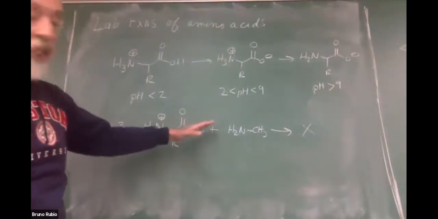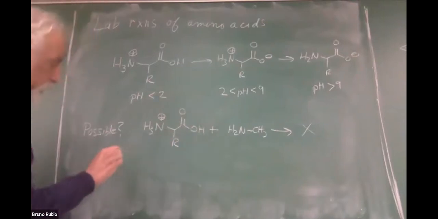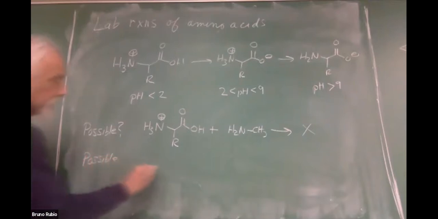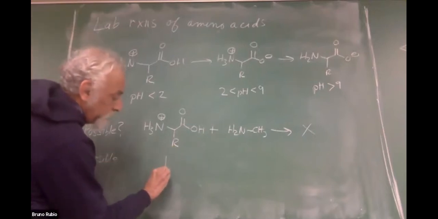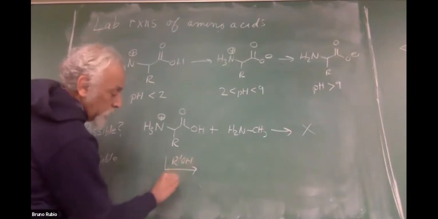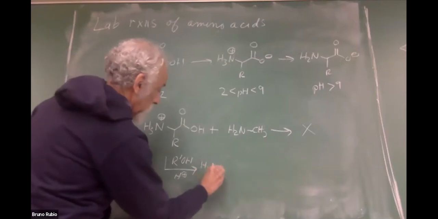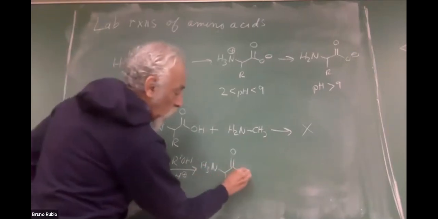But I'm mentioning this to say something else. What is possible is that if I were to take this guy and convert him to an alcohol under acidic conditions, that makes an ester.